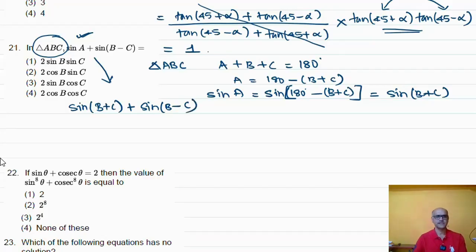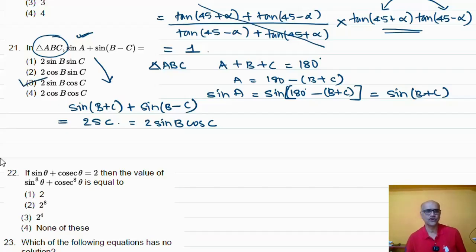By the sum and product rule, or transformation formula, sin C plus sin D will be 2 sin((C+D)/2) cos((C-D)/2). That is 2 sin B cos C. So option 3 is our answer. From the formula, it becomes 2 sin B cos C. So that is our answer.